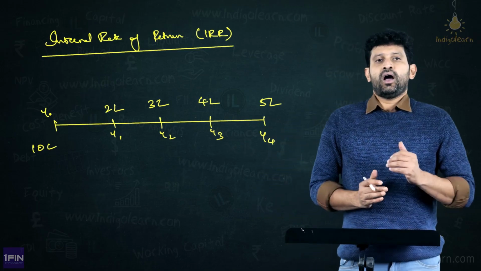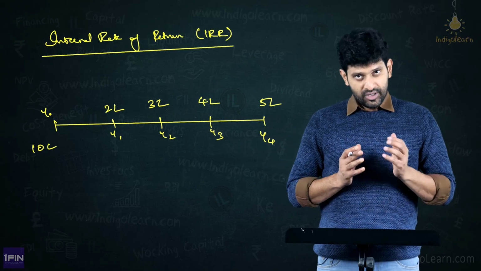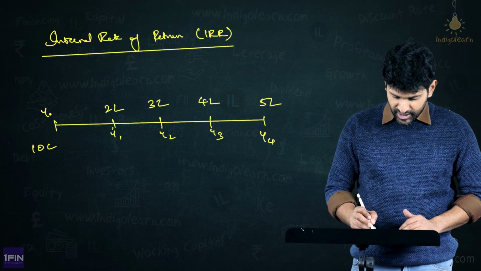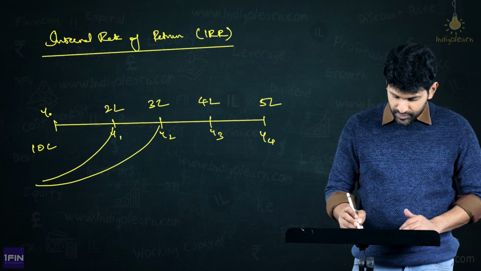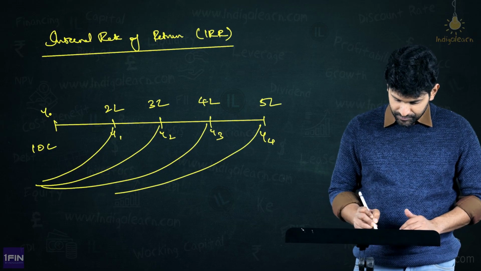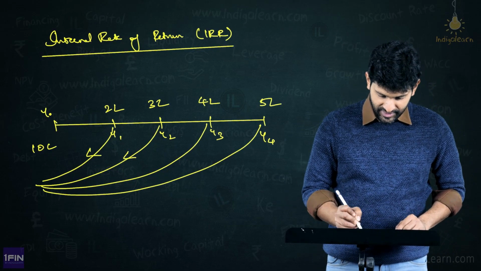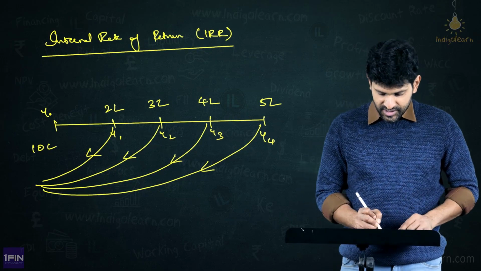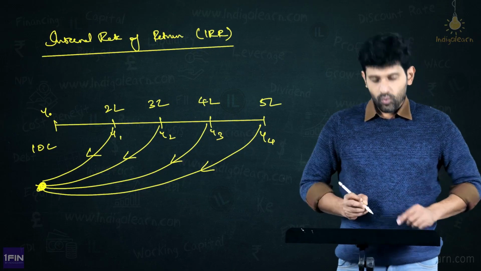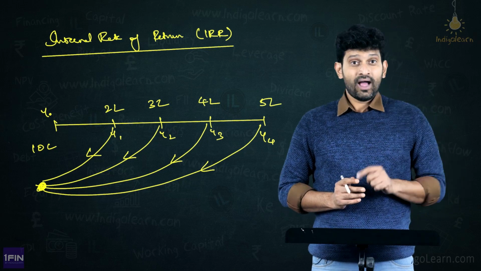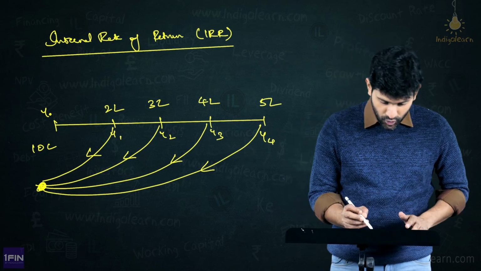Now, earlier to compute NPV, we said we will discount all these cash flows to present value and then find out the present value of cash inflows. Now, IRR says, boss, don't discount them.